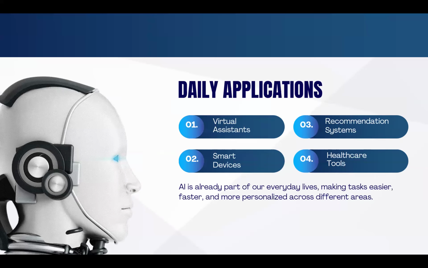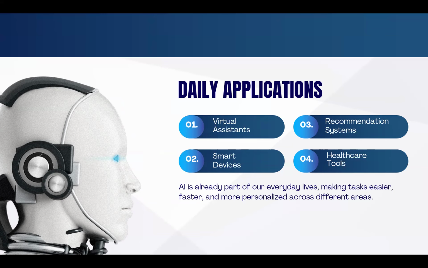Now, daily applications. Where are you using AI? For example, virtual assistants. If you are looking for a medicine for cough and cold, you will just type in Google, and then Meta AI will help you understand what home remedies you can use in the case of cough and cold.